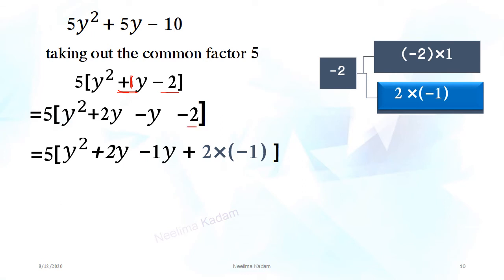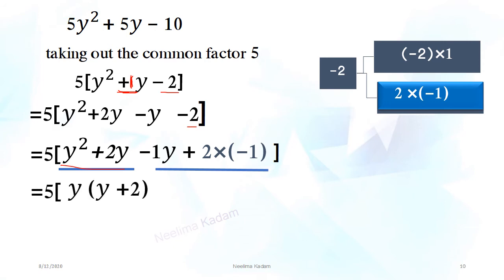Minus 2 we will write as 2 into minus 1. Now let's take y common here, and here minus 1 will be common. Therefore 5 as it is, in the bracket y, again y common. So y plus 2 minus 1 will be common, and here y plus 2, bracket completed.